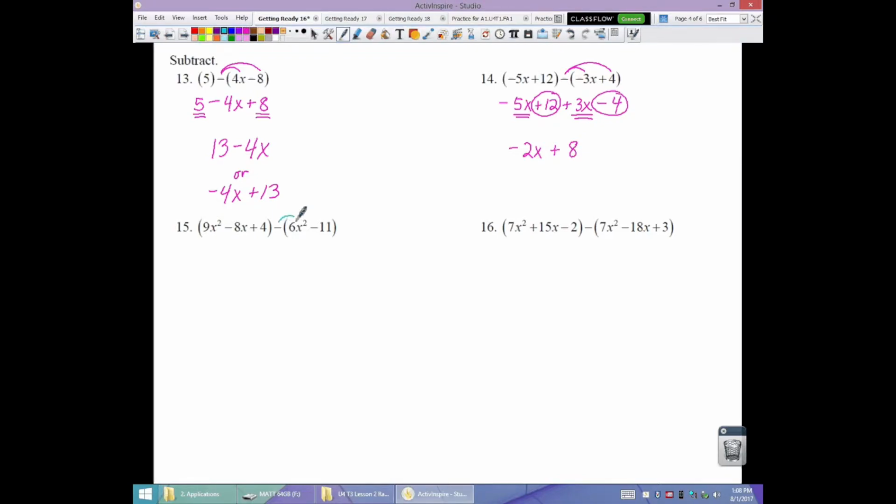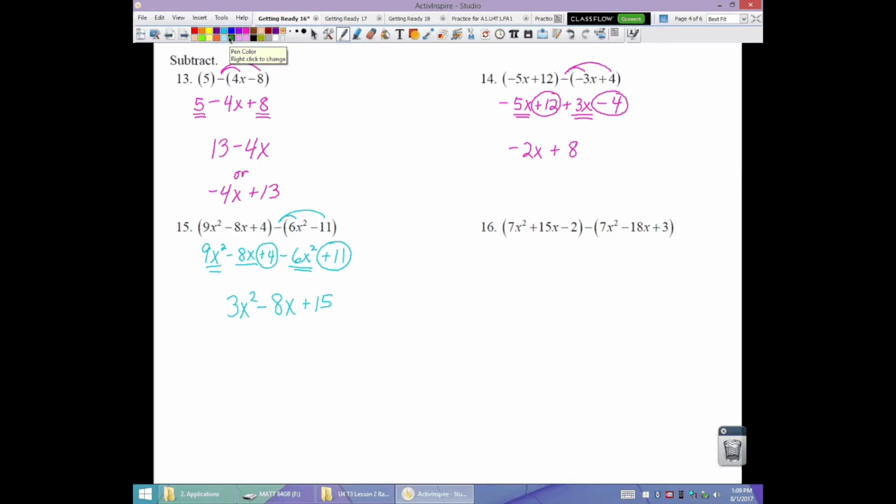Number 15, distributing the negative, I will rewrite as 9x squared minus 8x plus 4, and then I will have minus 6x squared and plus 11. 9x squared and negative 6x squared is 3x squared. My negative 8x, I don't have any other x to the first terms to combine with that, so I'll keep it negative 8x. And then 4 plus 11 is 15.